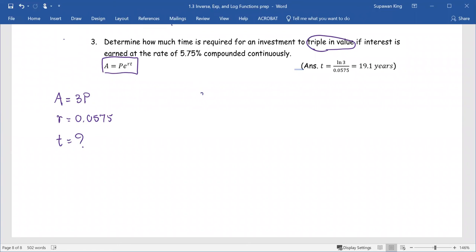So 3P equals P times e to the power 0.0575 times t. Solve for t. First of all, divide both sides by P. P and P cancel. We have 3 equals e to the 0.0575t. Next, we take the natural log of both sides of the equation.